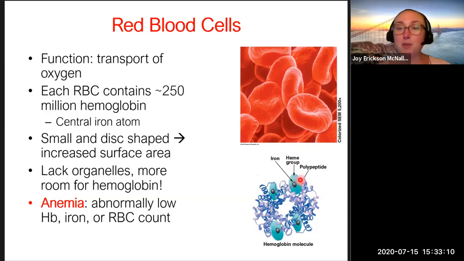You can see that here shown in gray, and one iron atom can bind 1 oxygen molecule. So if you do some quick math here, each hemoglobin can carry 4 oxygen, so 1 red blood cell can carry 1 billion molecules of oxygen.